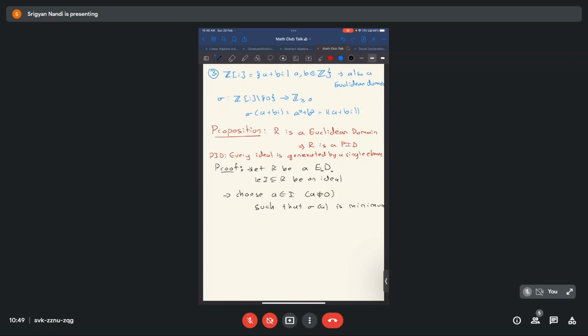And we can do this since sigma A lies in the non-negative integers, and we have the well-ordering principle. So there is always a least element over there.